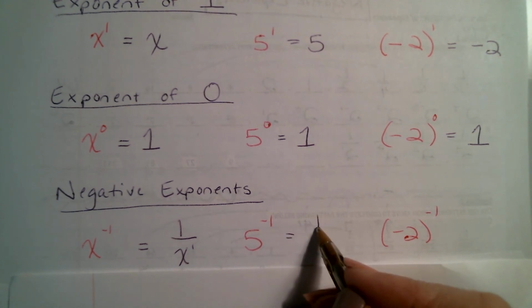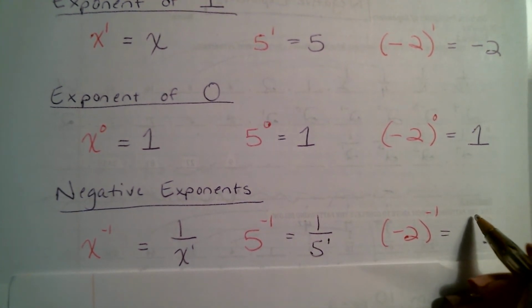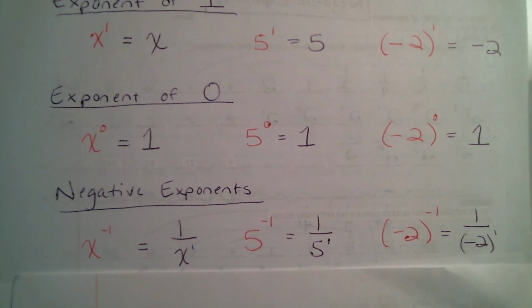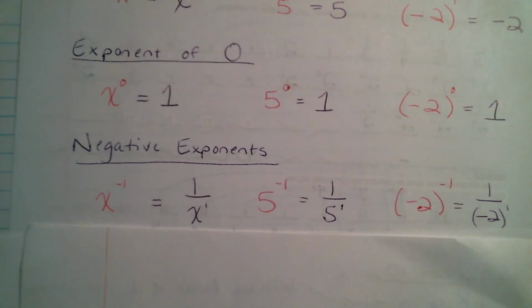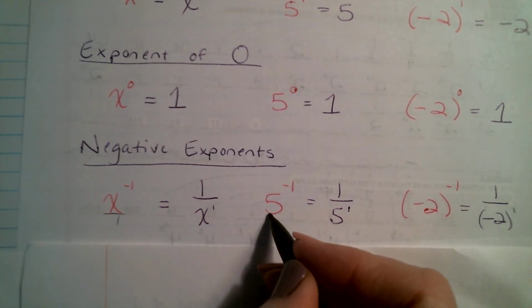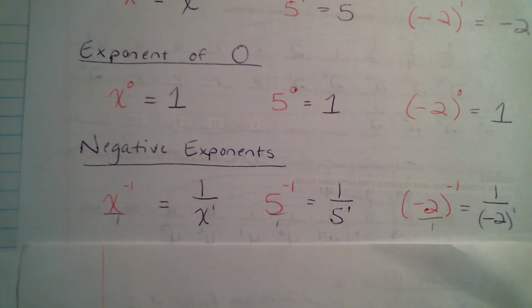This would be the same as 1 over 5 to the positive 1. And this would be the same as 1 over negative 2 to the positive 1. Move that negative exponent to the denominator. Again, technically, all these have a denominator of 1 right now, right? And then when we move it, we have a placeholder of 1 in the numerator position.